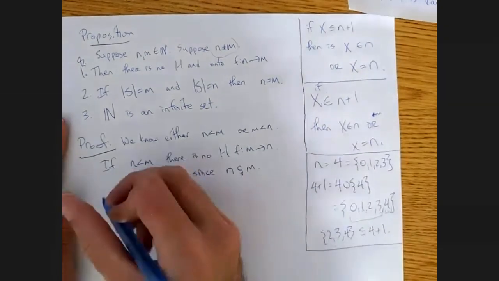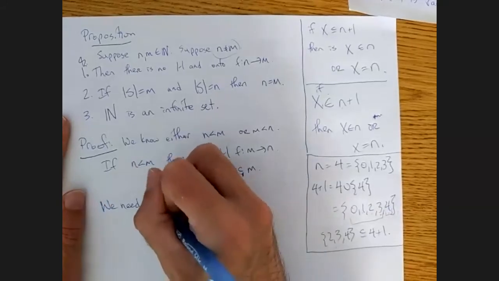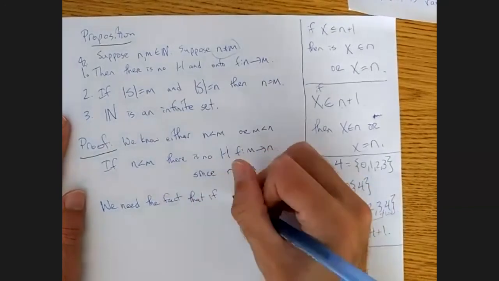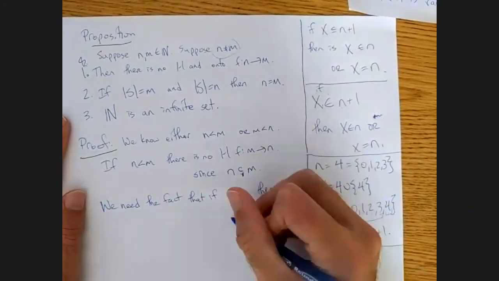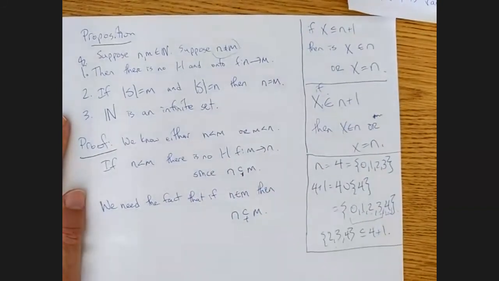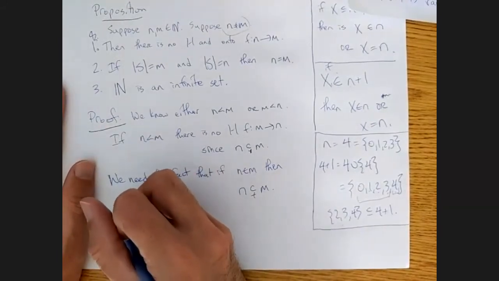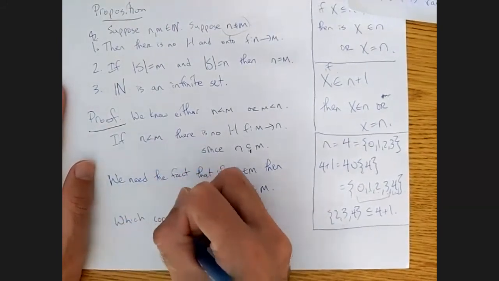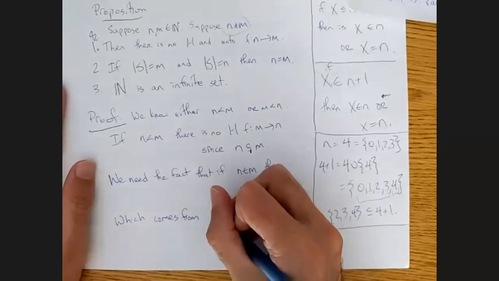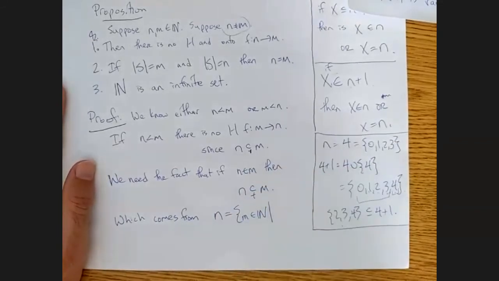This requires us to know the fact that if n is an element of m, then n is a proper subset of m. You can prove this.